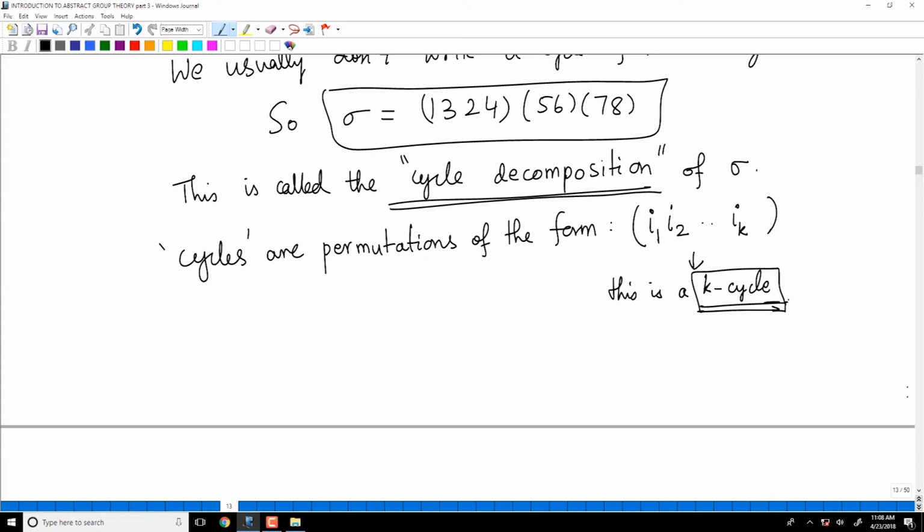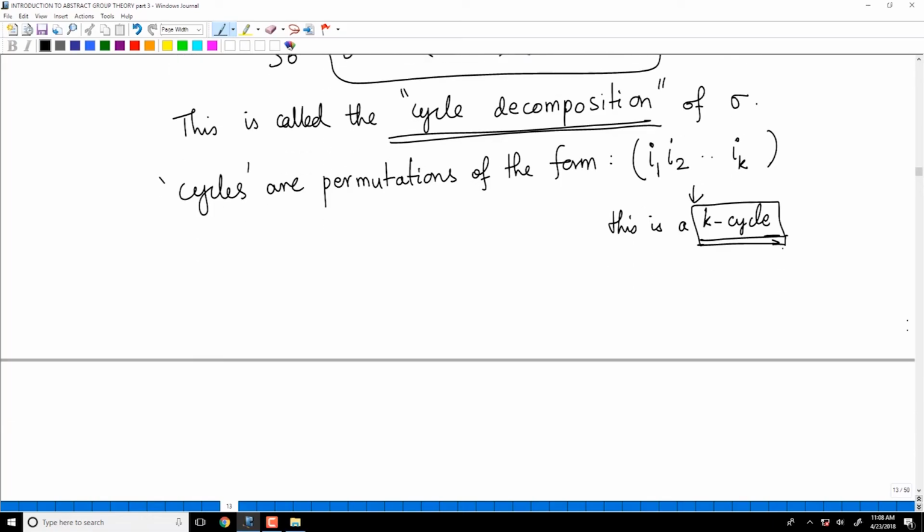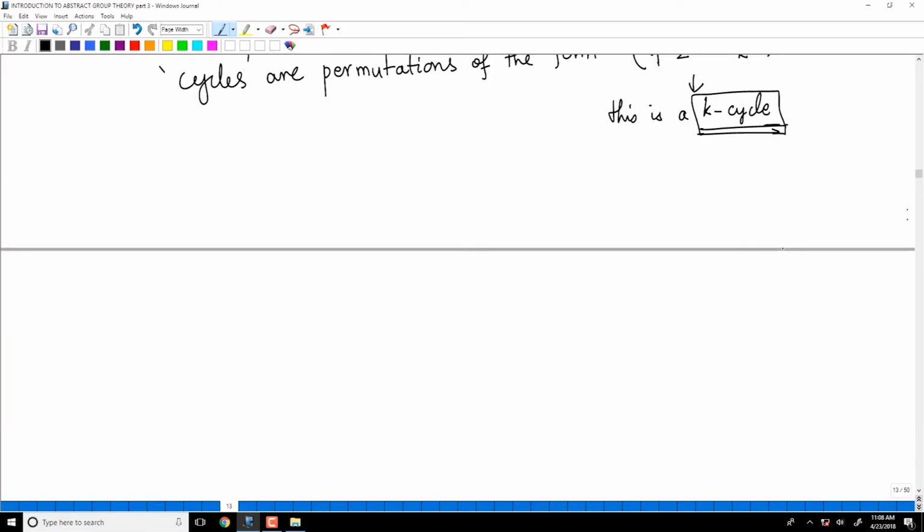What is a k cycle? It is a cycle with k indices. What does this k cycle do? What does the k cycle I1, I2, I3 up to Ik do?